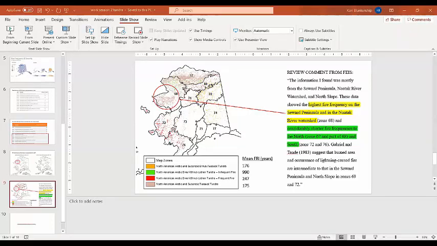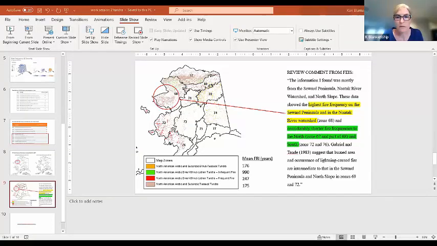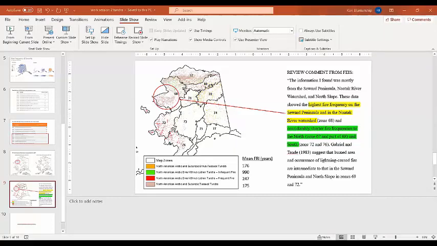Even with our GIS data layers, our fire perimeters go back to 1940. And we've done a pretty concerted effort to get some of the new ones in the tundra areas added in. So I think you could actually get a better idea of fire return intervals by using the GIS data that's there. Okay.